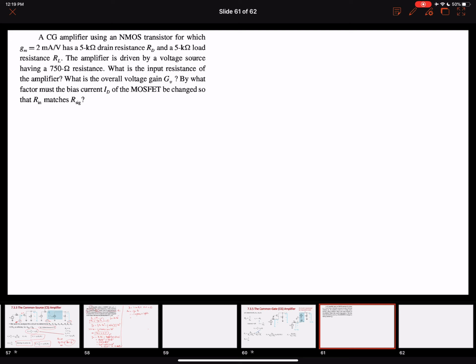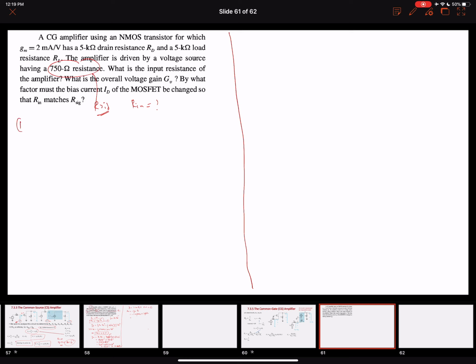So this is our R sig value. What is the input resistance of the amplifier? The first thing we need to find out is the input resistance of the amplifier. Then we need to find out the overall voltage gain, and then we will move to the third part.